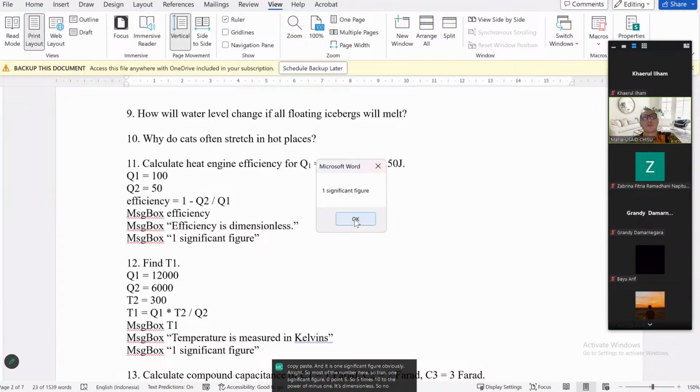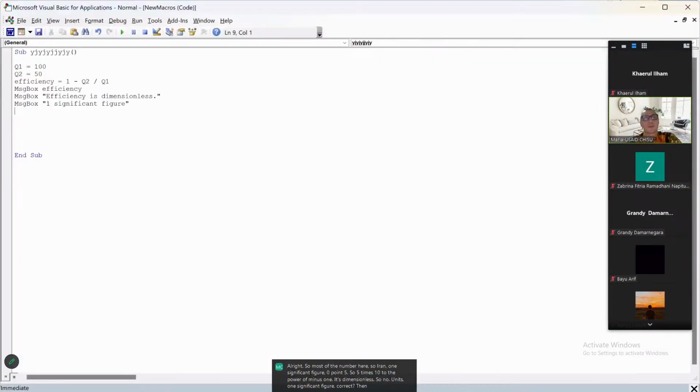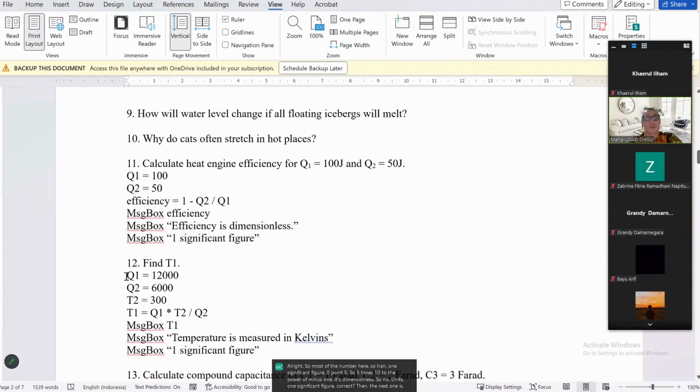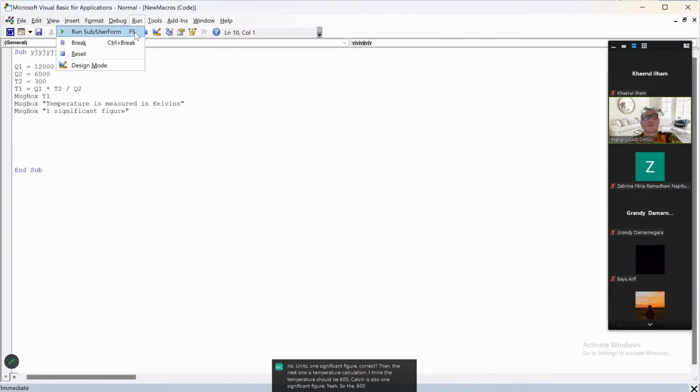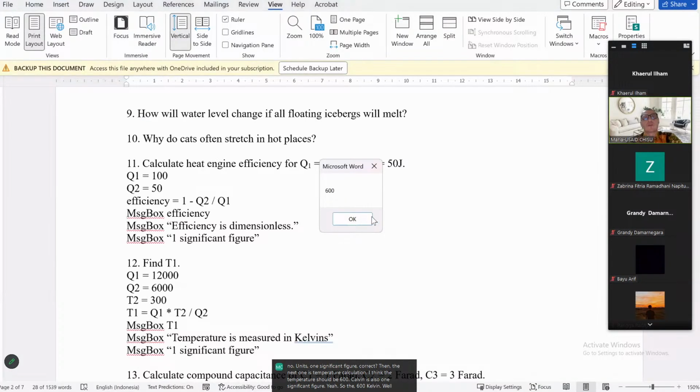So no units, one significant figure, correct. Then the next one is temperature calculation. I think the temperature should be 600 kelvins, also one significant figure.